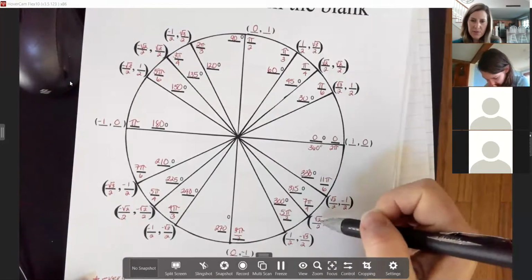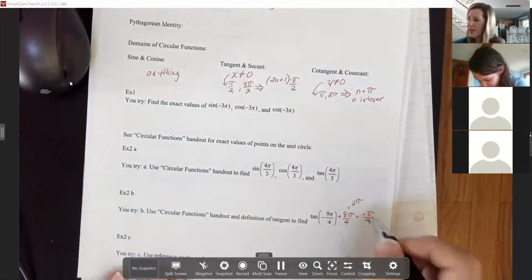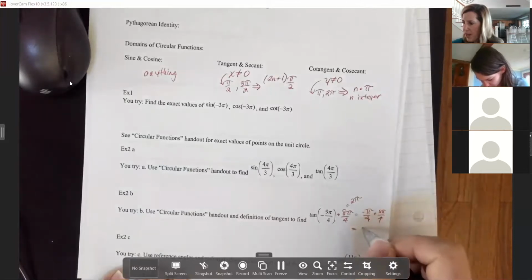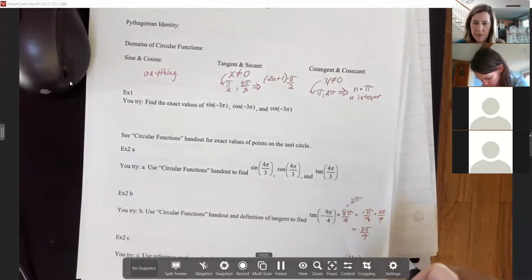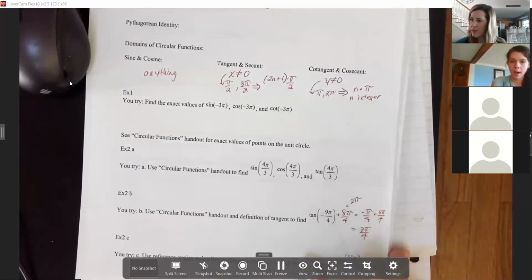And so those are going to be your values that you're looking at. Or you can just add another 2 pi to that, which is another 8 pi over 4, and you'd be at 7 pi over 4, which was that same spot we were talking about. Does that make sense also? Questions?